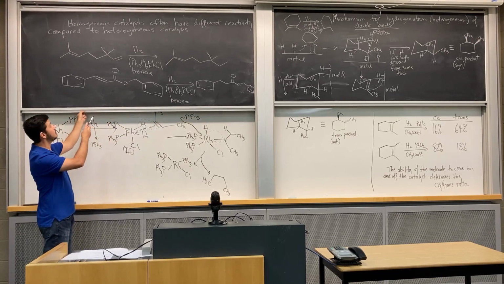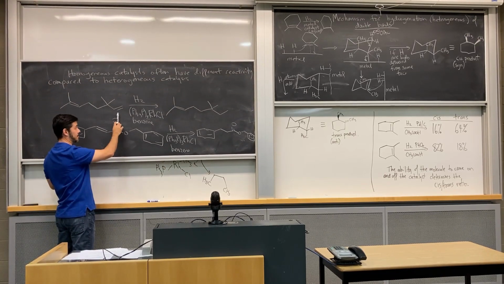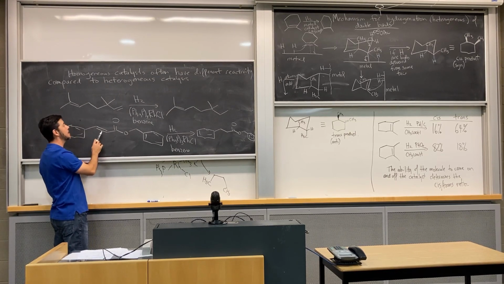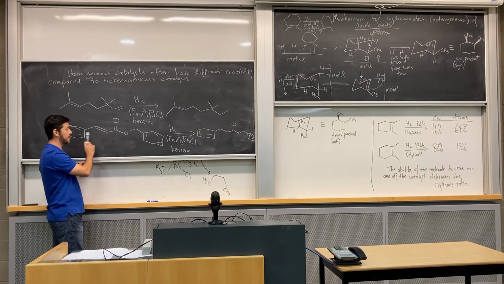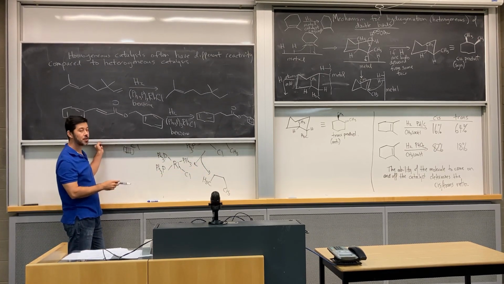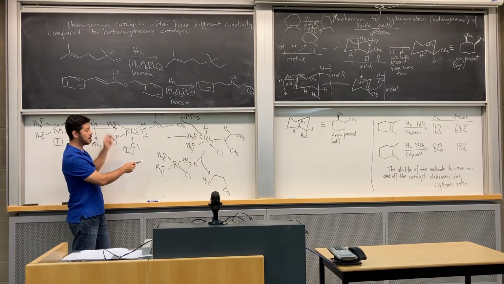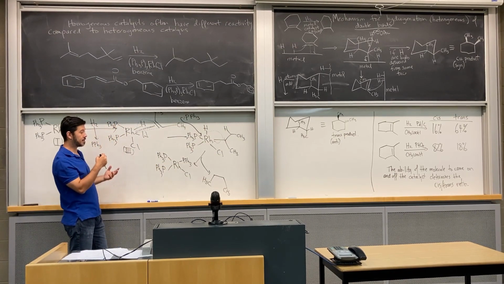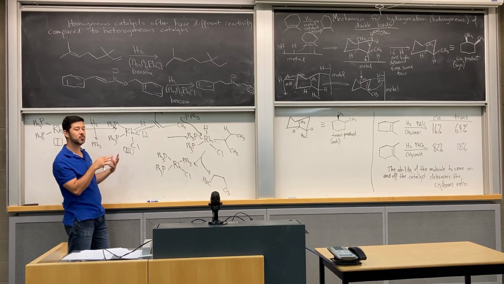So in these cases here, this one is the low-hanging fruit. This one's too sterically hindered to get access to. This is like a benzylic double bond that's quite reactive compared to some of the other functionality, so that's why that reacts first. By changing some of these substituents on the rhodium metal, you can definitely change its functional group preference for these types of reactions.